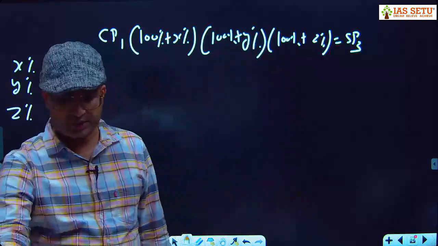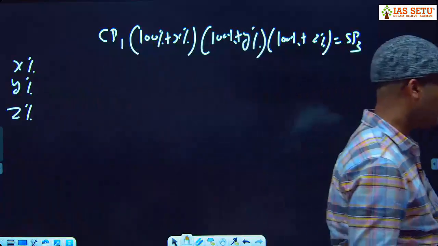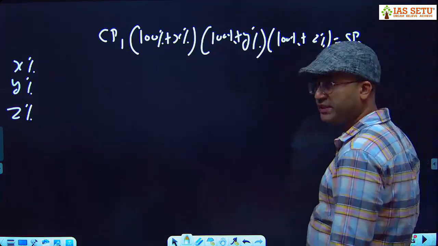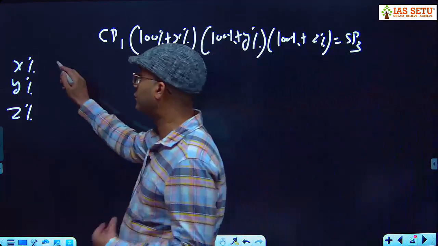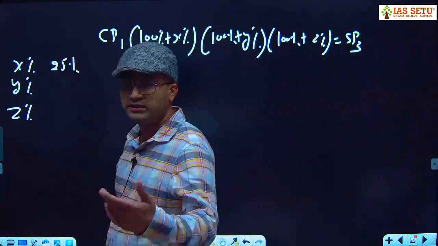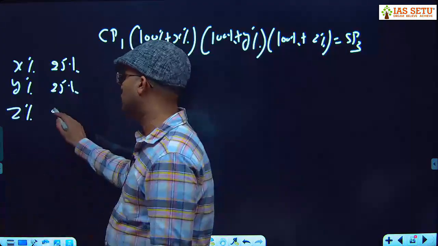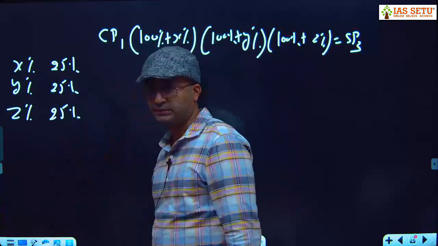Like this question. Let me solve this question given in the handout. A watch passes through 3 hands, each gaining 25%. If the third sells it for rupees 250, what did the first pay for it? So SP3 is given. I make profit 25%. The second person also makes a profit of 25%. The third one also makes a profit of 25%.